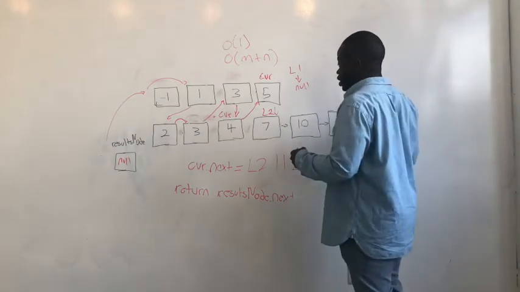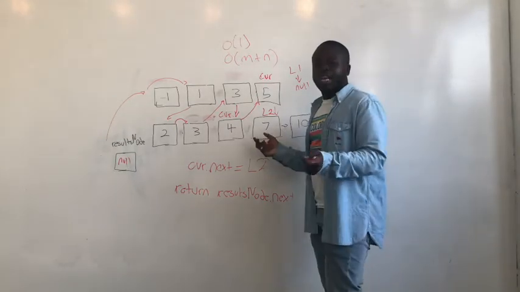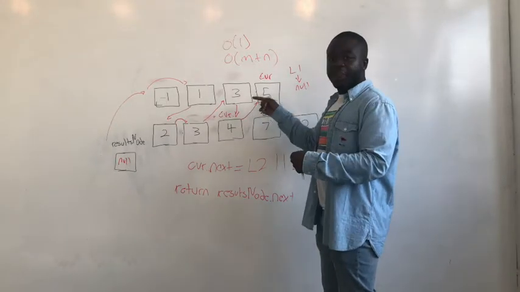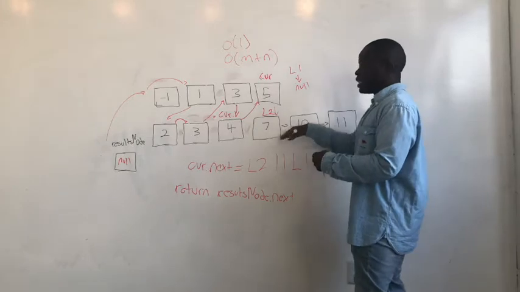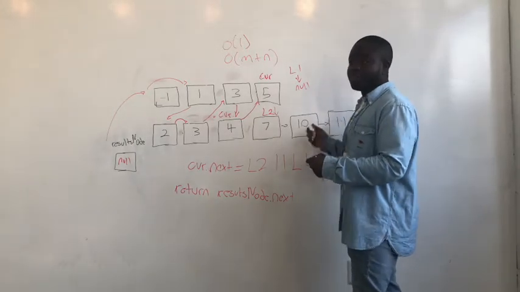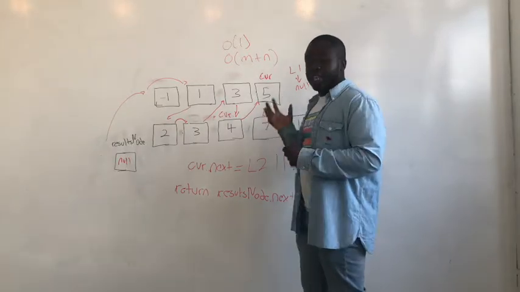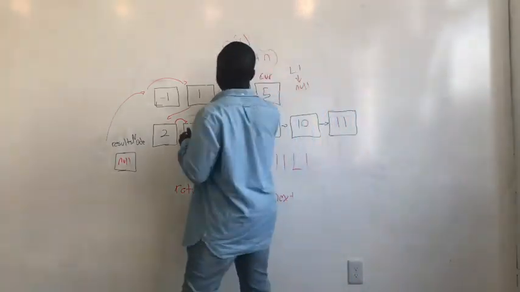If both lists are extremely long, that's how long it's going to take. But if both lists are the same, we're still adding both operations, because we have to visit every single node, except when we get to here, then we just assign the rest. So that is the time complexity. That's the space complexity.